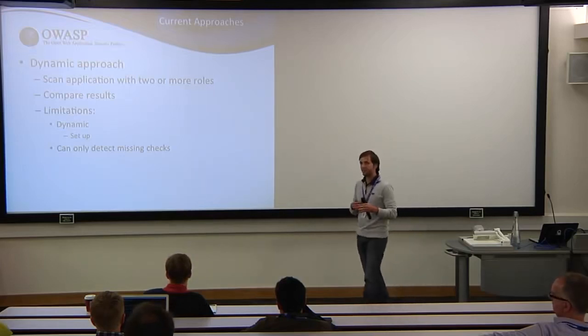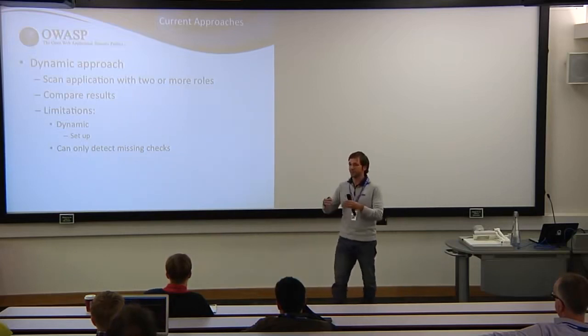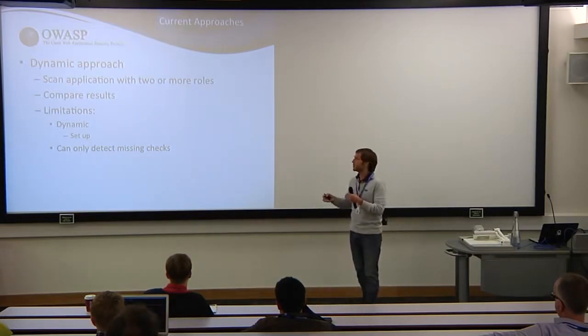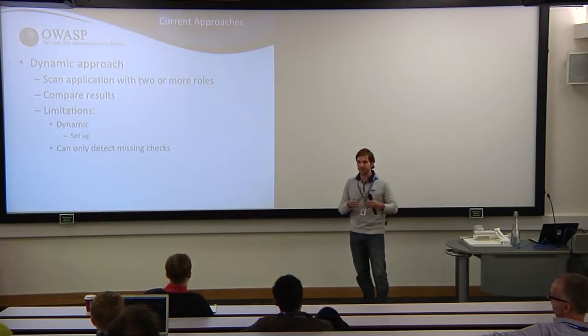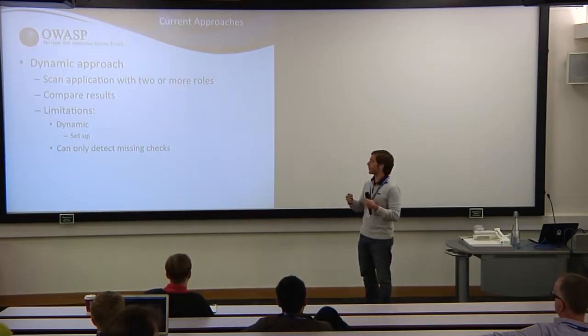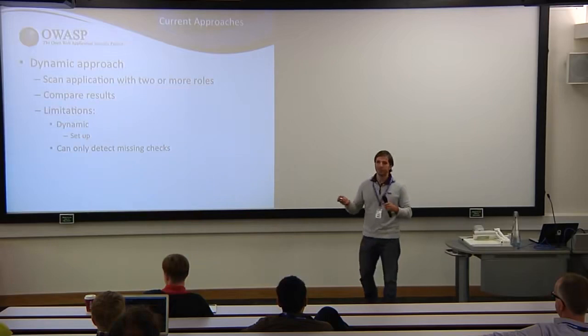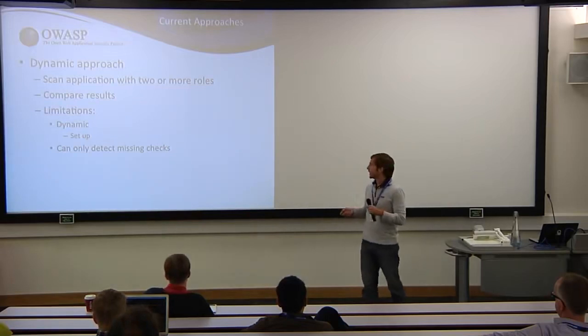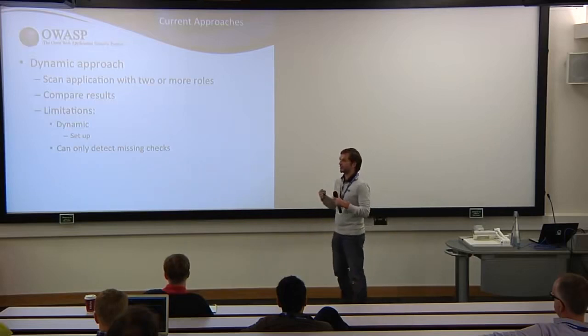Then you compare them, and the extra attack surface that is available for the administrator, you can scan it using a regular user, for example. Then if you find that pages supposed to be accessible only for administrators are accessible for regular users, you can raise a flag and say, this is wrong or should be different, right?